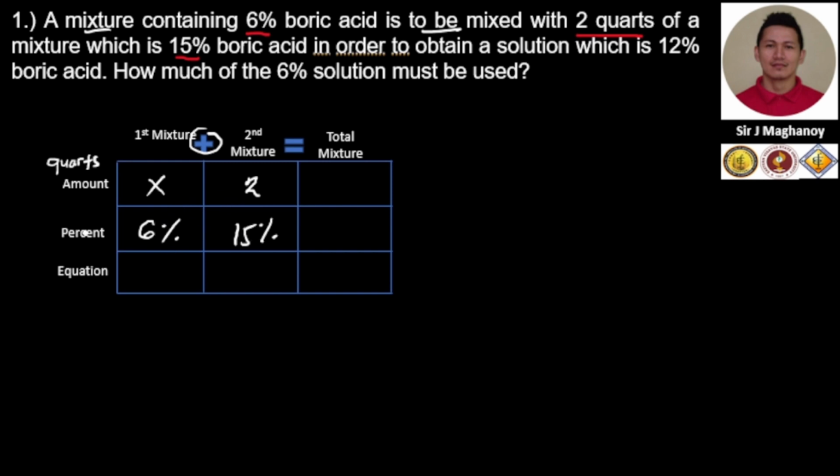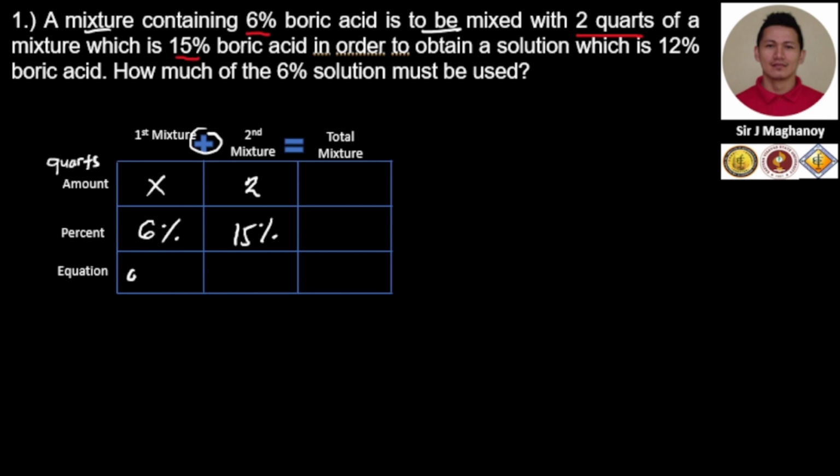Now we need to multiply the 6% by our amount in order to formulate the equation. So that will become 6x, but we need to convert our percent into decimal. What is the equivalent of 6%?